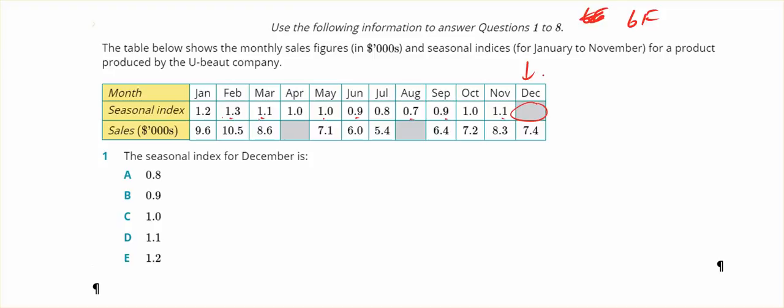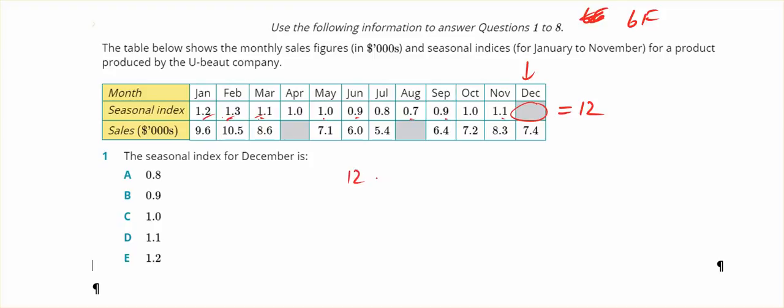So in this case we've got 12 seasons in a year, so I know that the total of the seasonal indices must sum up to 12. Knowing this, working out the missing December seasonal index is quite easy. You just simply subtract all the known seasonal indices from 12.